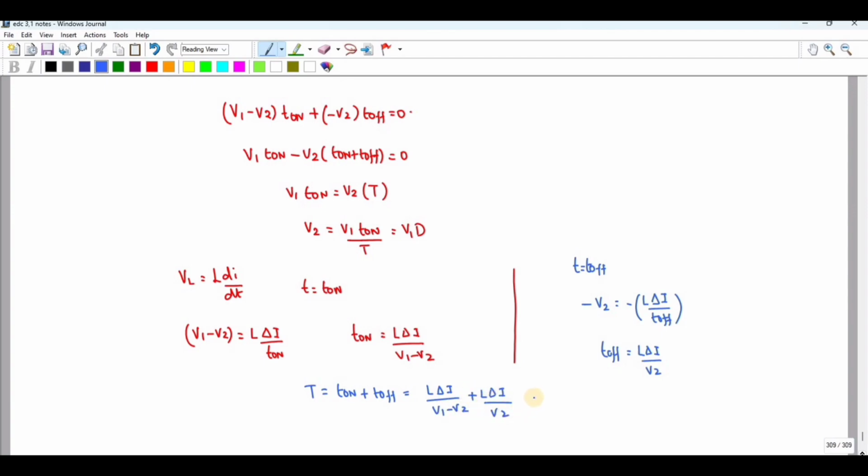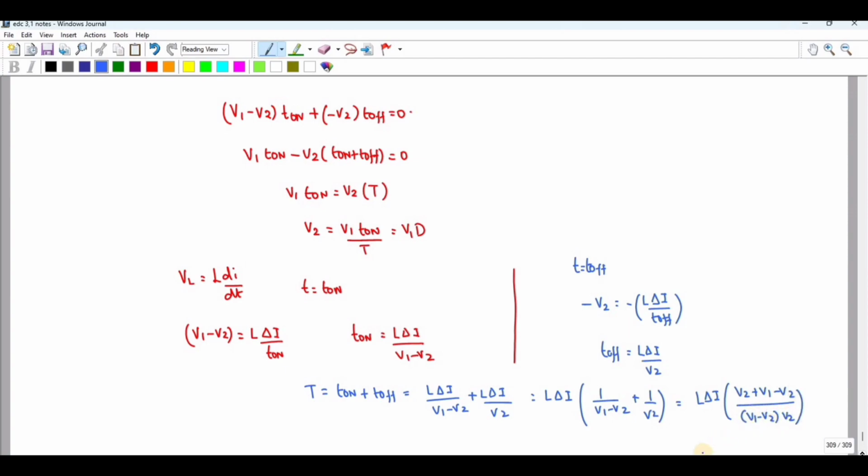Taking L del I common, you will get 1 divided by (V1 minus V2) plus 1 by V2. That is equal to L del I into (V2 plus V1 minus V2) divided by (V1 minus V2) into V2.